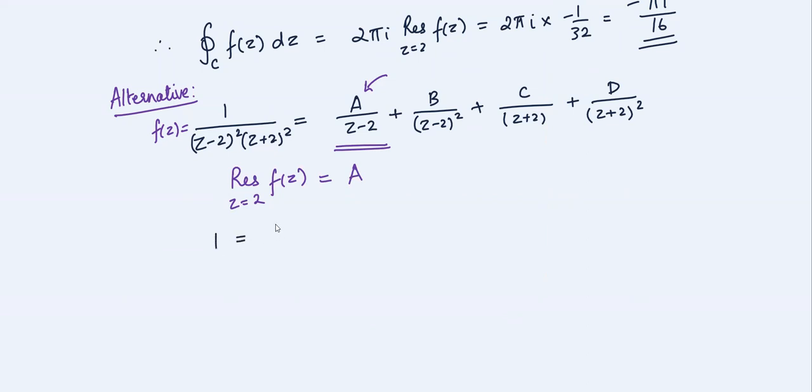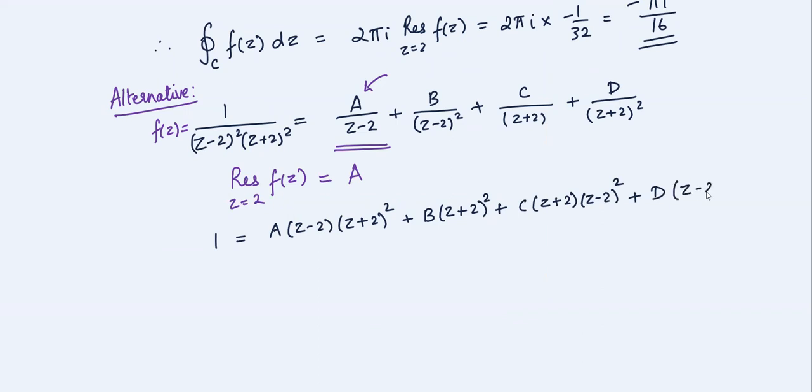So 1 is a times z minus 2 into z plus 2 the whole square plus b times z plus 2 the whole square plus c times z plus 2 into z minus 2 the whole square plus d times z minus 2 the whole square. Okay.